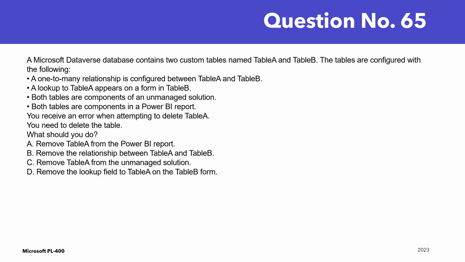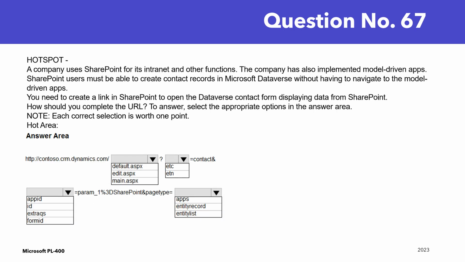You receive an error when attempting to delete Tabli. You need to delete the table. What should you do? A. Remove Tabli from the Power BI report. B. Remove the relationship between Tabli and Tablab. C. Remove Tabli from the unmanaged solution. D. Remove the lookup field to Tabli on the Tablab form. Correct answer, B.